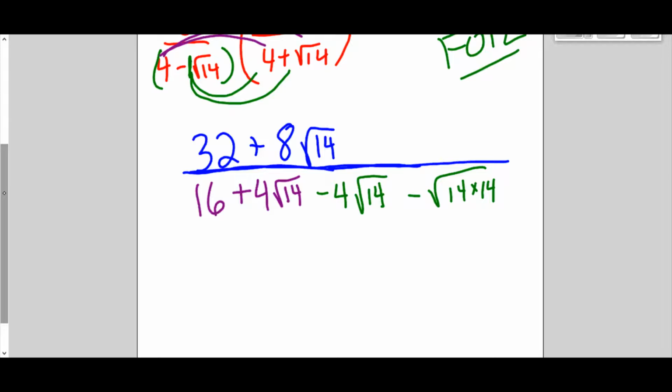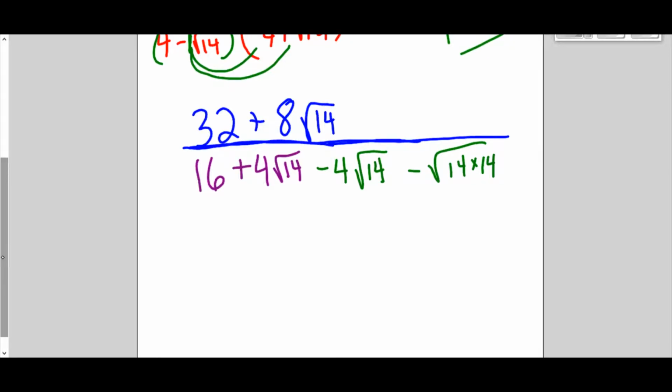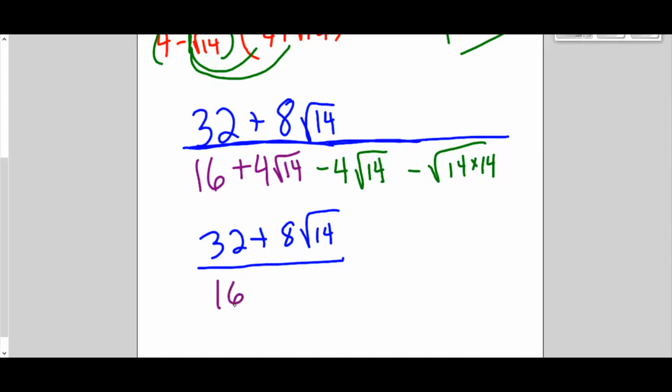Now you need to simplify. The numerator can't simplify, so we'll leave this as 32 plus 8 square root of 14. This is fine the way it is for now. But in the denominator, we can simplify some of this. Notice I have 16, and then the plus 4 square root of 14 and the minus 4 square root of 14, those equal 0, so those are no longer there.